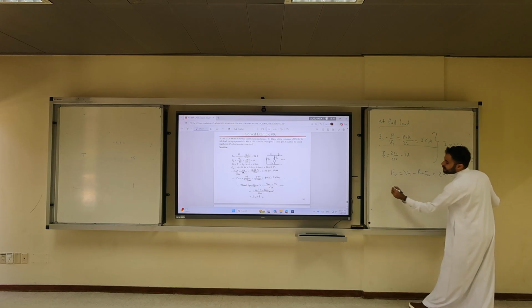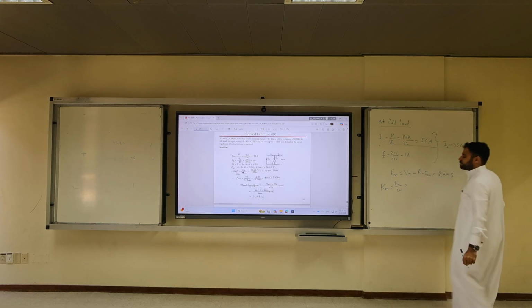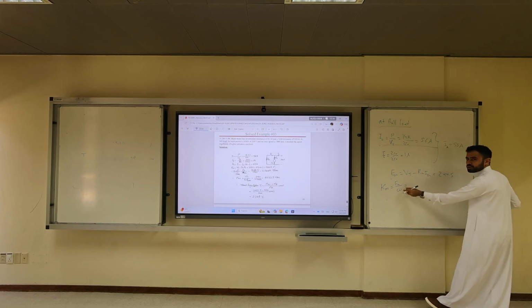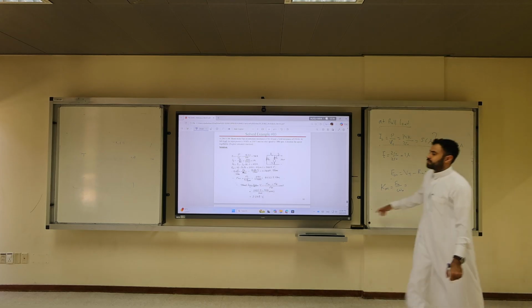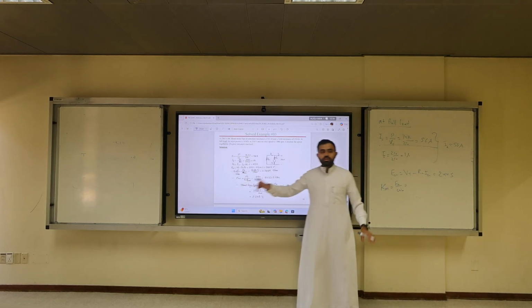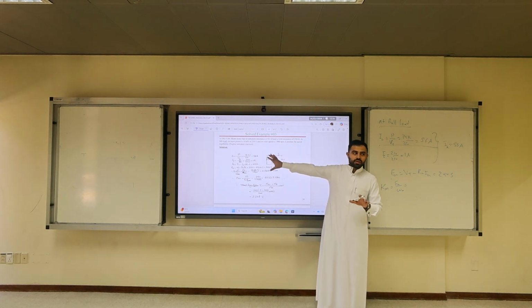From the equation, I can get the Km, which is EA over omega. This omega is full load. It is the same as omega M. You need to learn different notations. This is from another textbook, but you need to know what the subscript meanings are.